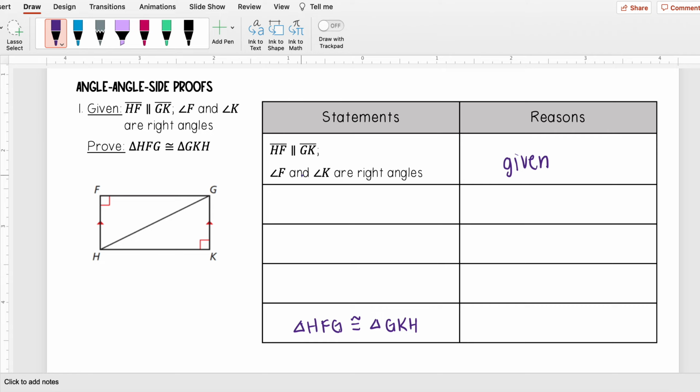So first, I know that when I have angles that are both right angles, that means that they're both congruent. And I know that by the right angle congruence theorem. So I already have an angle that is congruent.